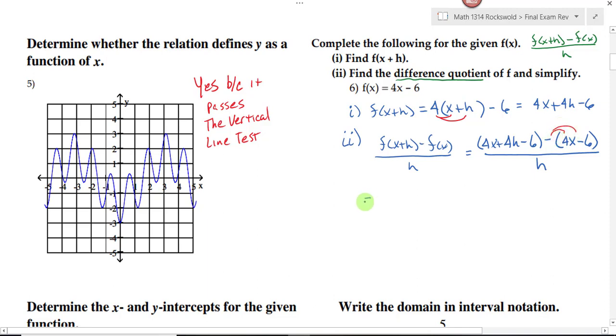And when I do that, I get 4x plus 4h minus 6 minus 4x plus 6 all divided by h. Now I have like terms that I can cancel out, and that gives me 4h over h, and these h's will cancel out, so this is equal to 4. If you've done the algebra correctly with the difference quotient, every term without an h in it should cancel out.